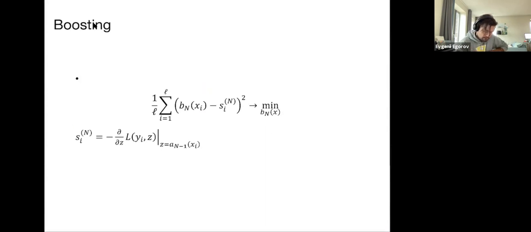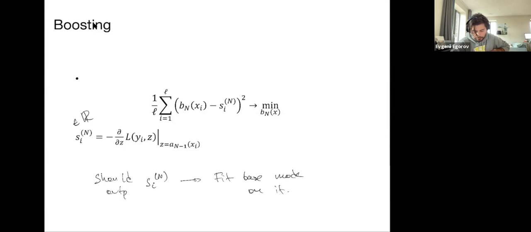What is also important is that the residual is some real number. And so then our model should output it, so we fit a base model on it. But how could we fit a model on some real output? Is this just a regression task?